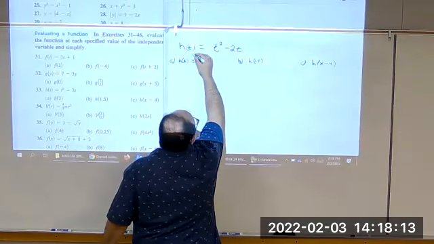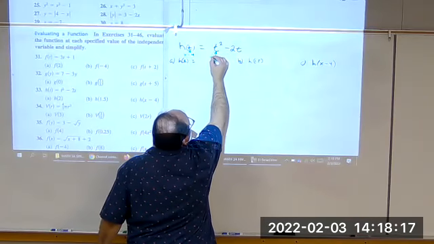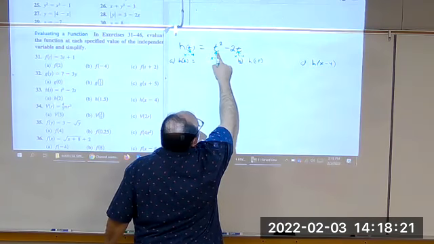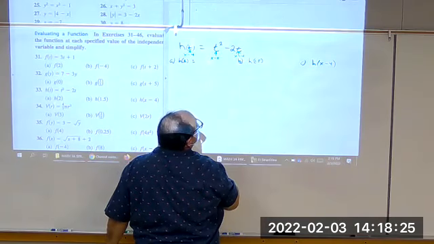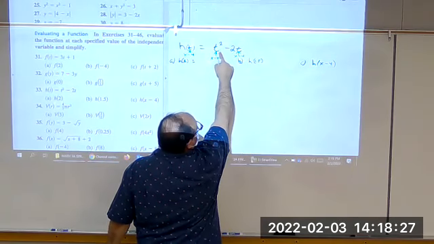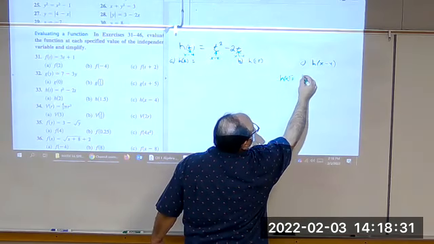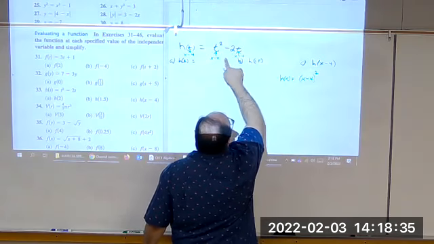When I replace t with x minus 4, all the t's get replaced with x minus 4s. So this t squared is now going to be parentheses x minus 4 squared.